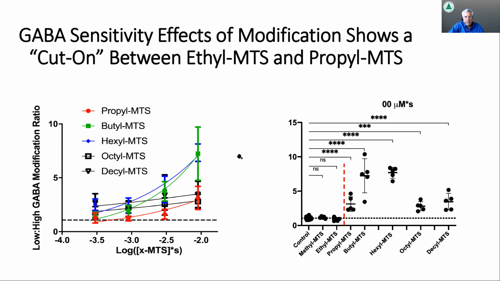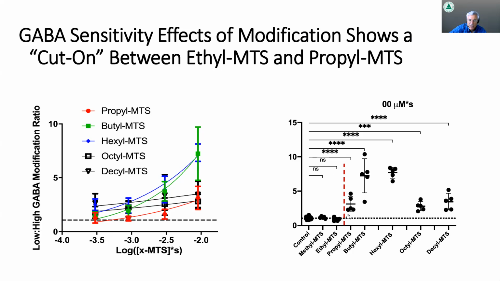When we look at the summary slide for the GABA effects of modulation over a variety of these Alkyl-MTS reagents, we note that those that do cause significant changes all show that the changes are dependent on either the time of exposure or the concentration of exposure.